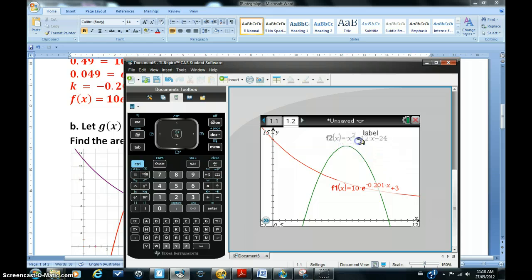So I'll just move this out of the way, and we want to really find the two values of x where the graphs meet, because that will give us the limits in order to find the area between these two curves when we integrate.